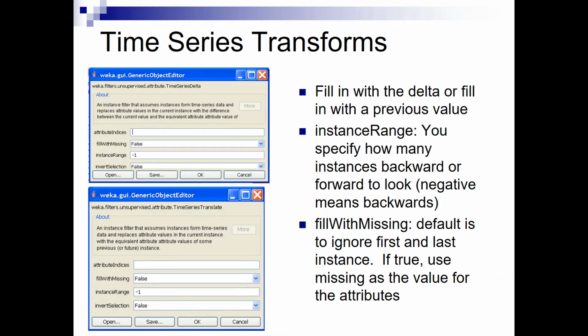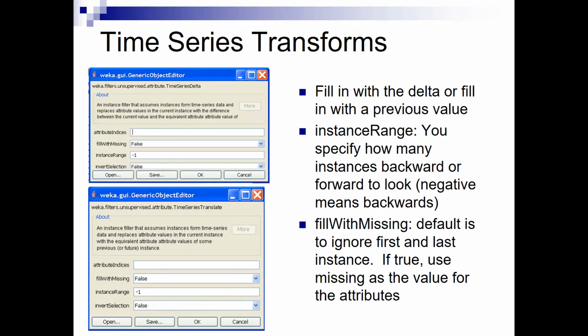Fill with missing is for when some number of instances will be left without a value, because, let's say you're shifting down 2, so the first 2 are not going to have a value, or if you're shifting up 2, then the last 2 in your data set are not going to have a value. Fill with missing says that for those instances, you're going to have a question mark. If fill with missing is false, you'll remove those instances. So you'll notice that you have fewer instances after you do the transform than you had before.